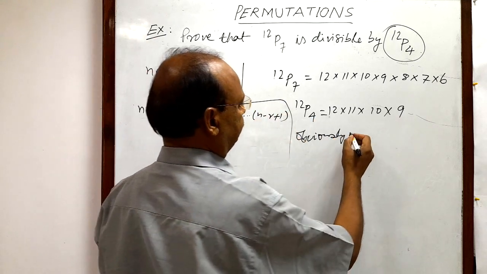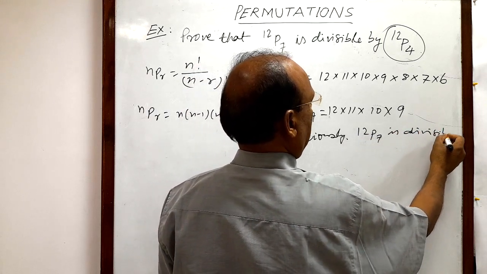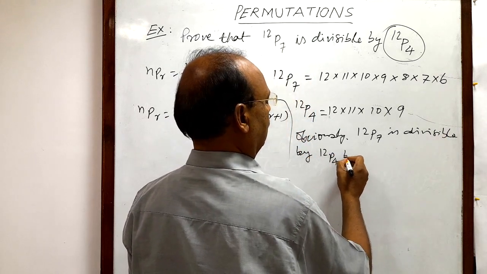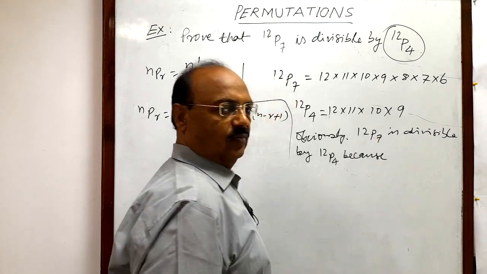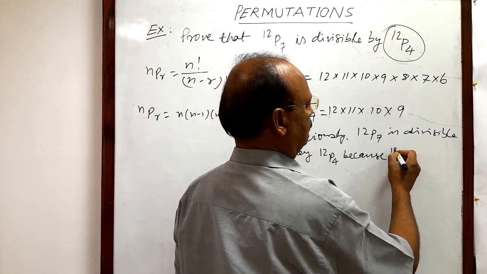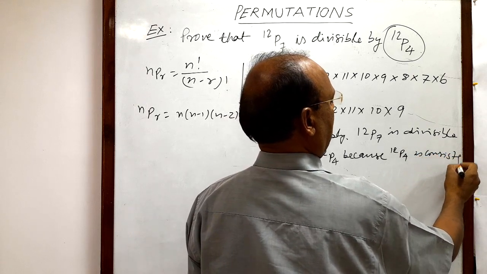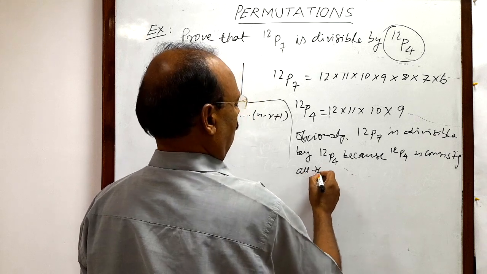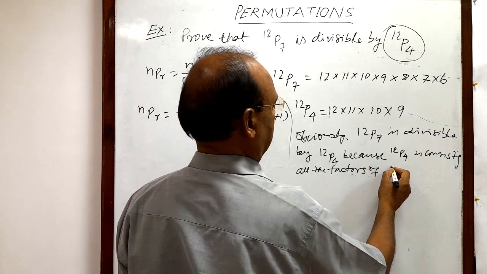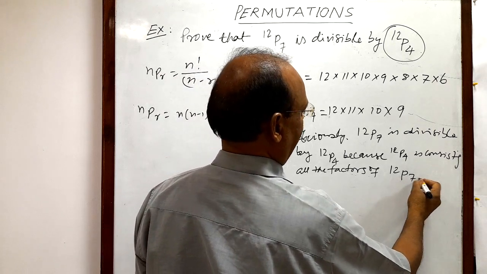So obviously here 12P7 is divisible by 12P4 because 12P4 consists of all the factors of 12P7.